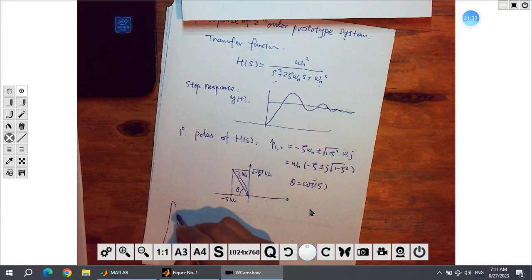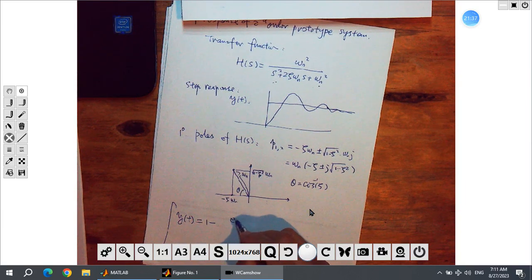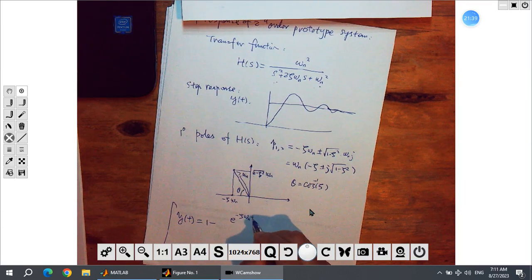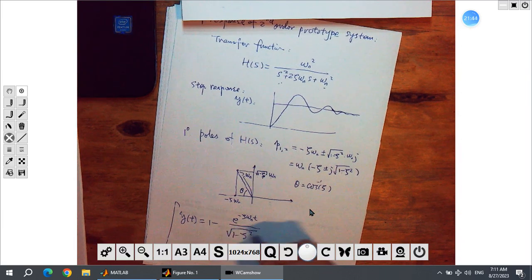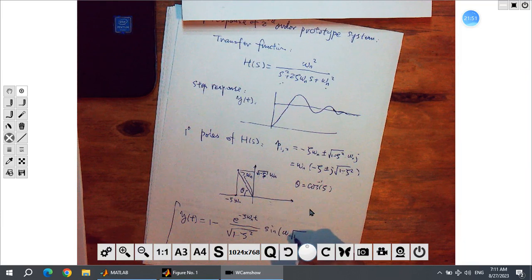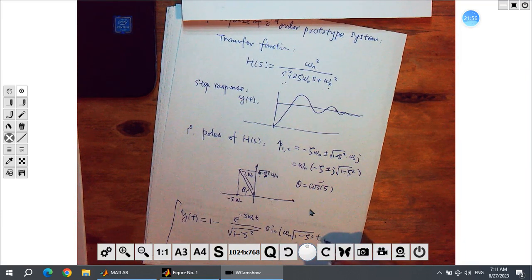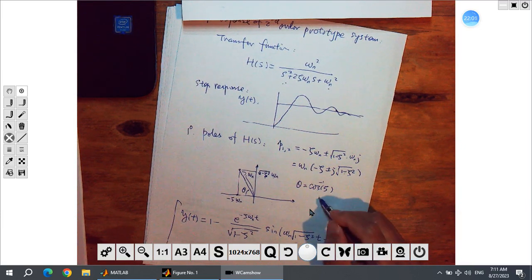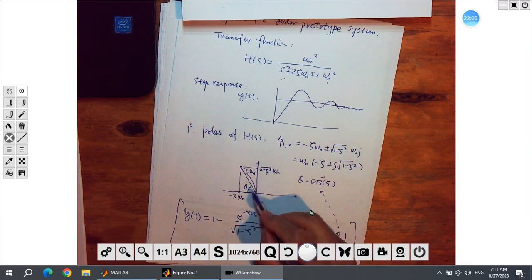Y of t will be 1 minus e to the negative zeta omega n t over square root of 1 minus zeta squared, and here will be sine of omega n times square root of 1 minus zeta squared t, plus theta, right? Theta is just this one. We have this theta. Theta is just this angle.